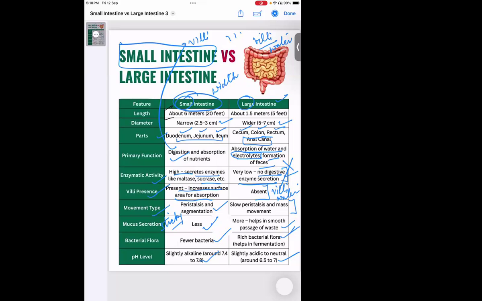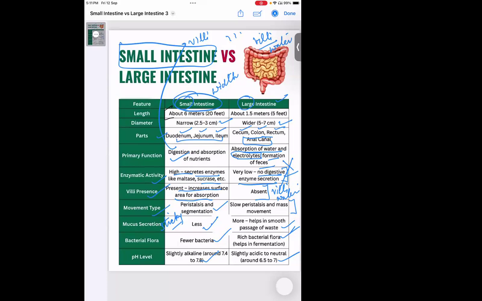Then in the small intestine, enzymes are produced, whereas in the large intestine, enzymes are not produced because they do not require them. Villi are present in both; in the small intestine, the villi help in the absorption of food, whereas in the large intestine, they help in the absorption of water. In the small intestine, peristalsis and segmentation will be there, whereas in the large intestine, the peristalsis movement will be less.